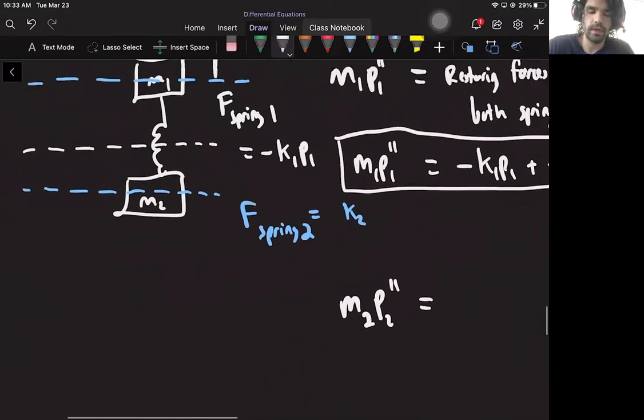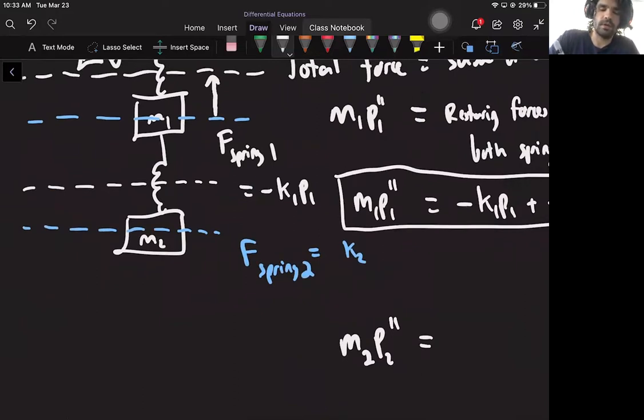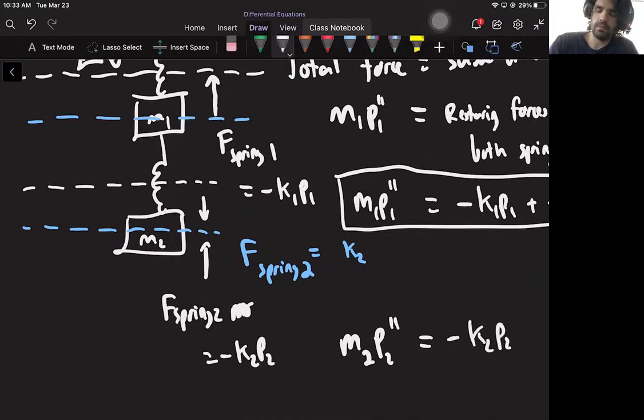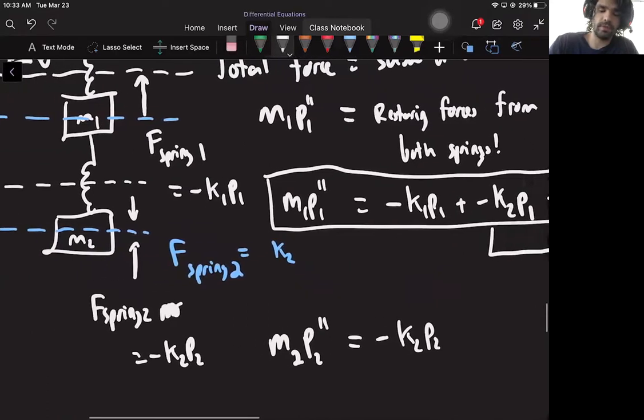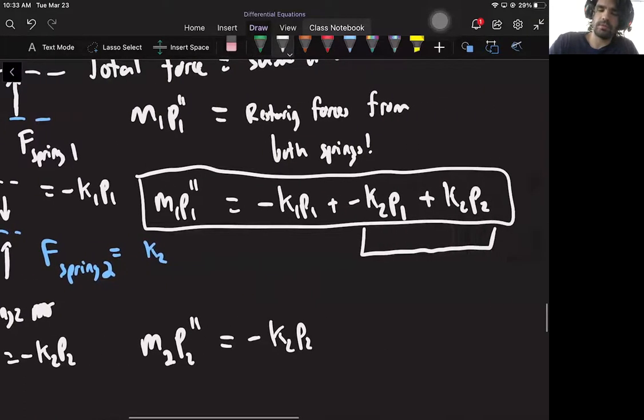So when mass 2 is below equilibrium, like down here, then there's a force in the opposite direction based on mass 2. So it's on spring 2, so it's negative K2 times the position P2. And the idea is that that force also pushes on mass 1 in the opposite direction. So that's what I was trying to get up there.